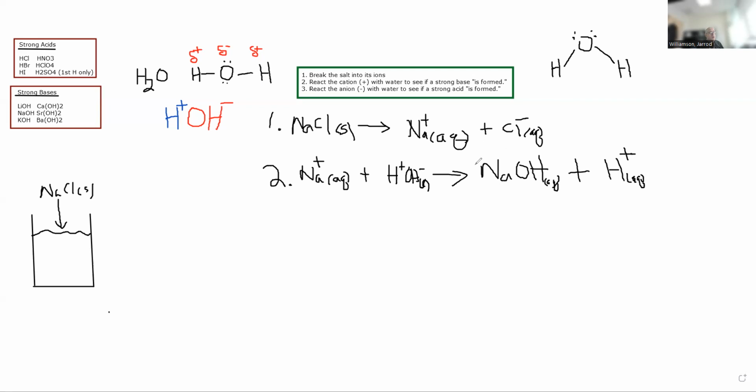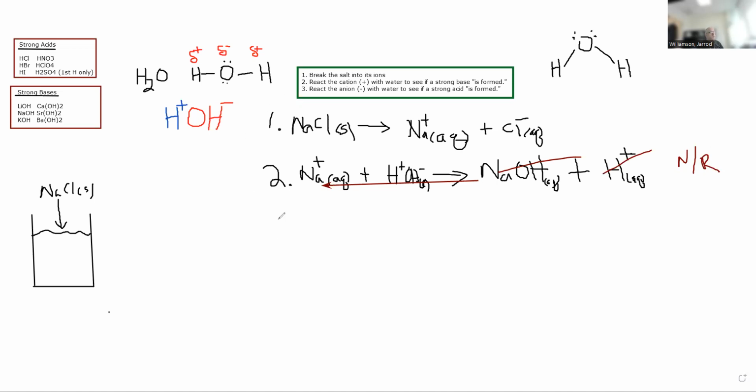If I take a look at this here, this is a strong base. It's on the strong base list. This will not form. It will not stay together. That means it forces the backwards reaction all the way to 100%. It won't stay together. It gets divorced, goes all the way back. And so we end up with no reaction here. I don't end up with either one of those being made.